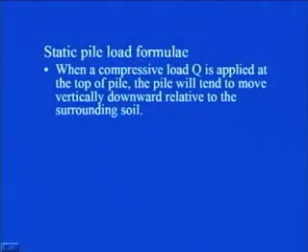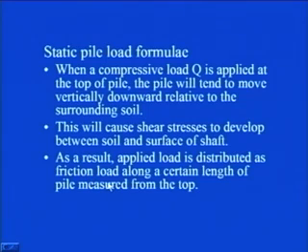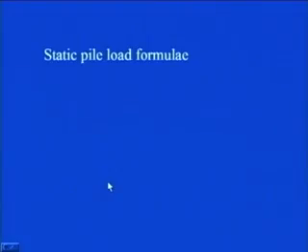This will result in shear stress developing between the soil and the surface of the shaft. As a result, the applied load is distributed as friction load along a certain length of pile measured from the top. As soon as the shear stress is developed, your applied load Q, which is compressive in nature, will get distributed as the frictional load along the shaft length, but earlier it will be to some particular length.